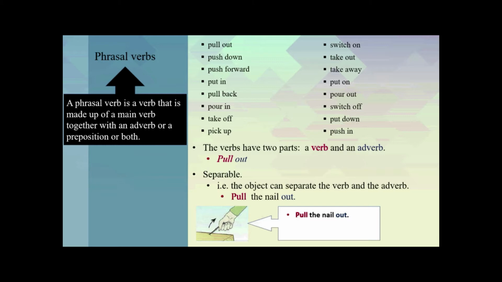You can see that the object, the nail, which is a noun, comes between the verb and the adverb. We can also say pull out the nail. So here the object, which is a noun, comes after the adverb.